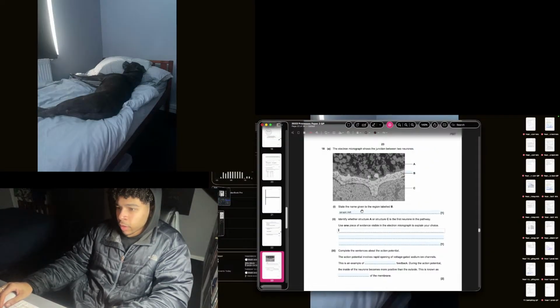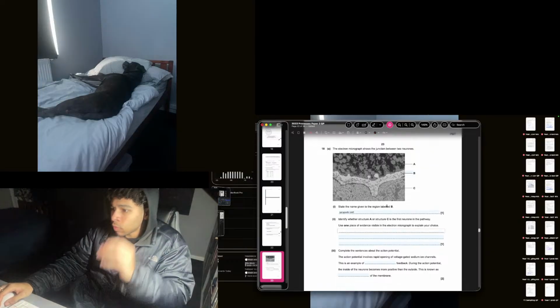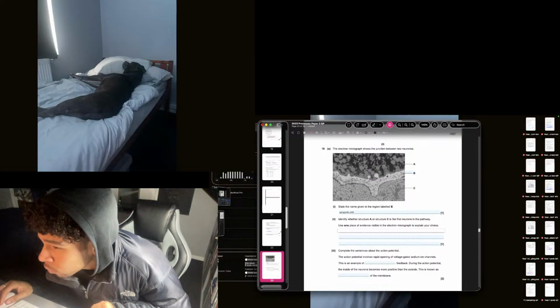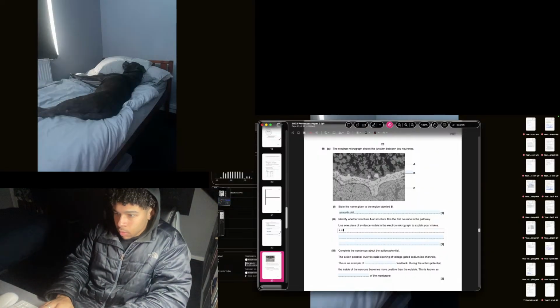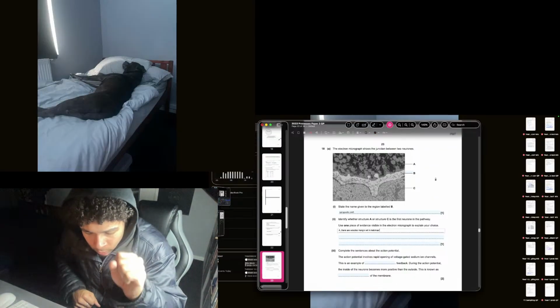What would you say, synapse? I would say synapse. No, I would say synaptic cleft. First neuron in the pathway. A. Okay, so if we look here, how do neurons send signals?